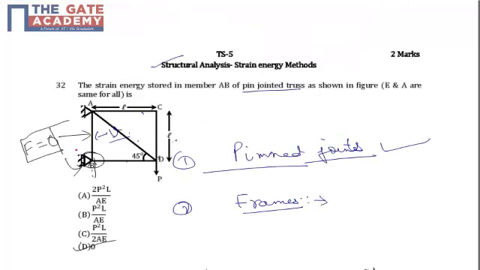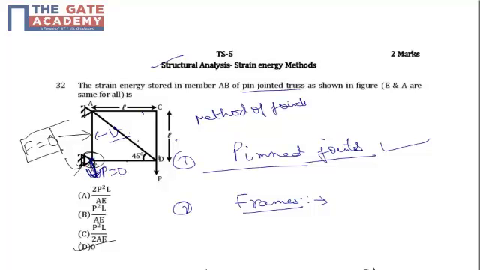Now in this case, if we analyze it by the method of joints and quickly jump to joint B, this is a roller type of support. If no force is acting at this point, then there is no reaction at all.